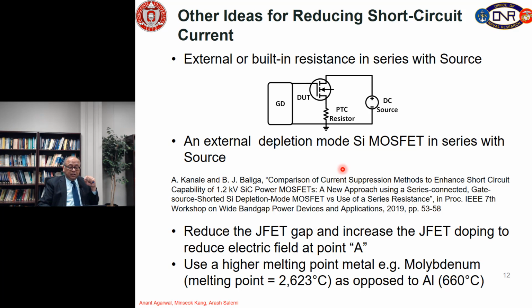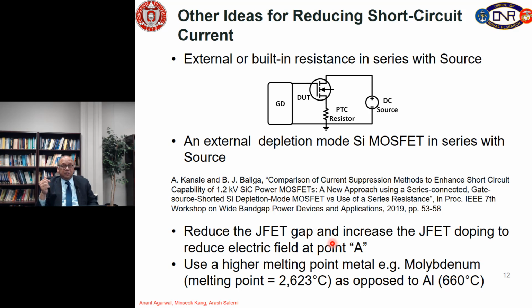Inside the device, I think the designers can look at reducing the JFET gap. I know we have been using a JFET gap of 2 micron. If we reduce it to 1.5 micron or even 1 micron, we can drastically reduce the electric field at point A that I had mentioned, and that will be much more effective solution without having to put an extra component externally.